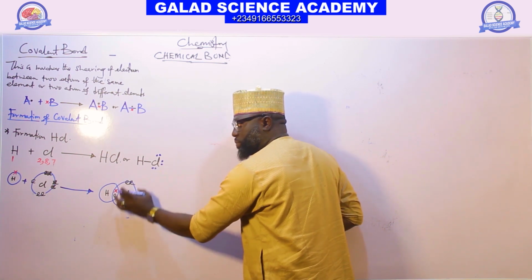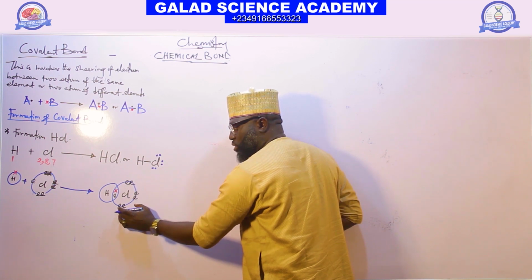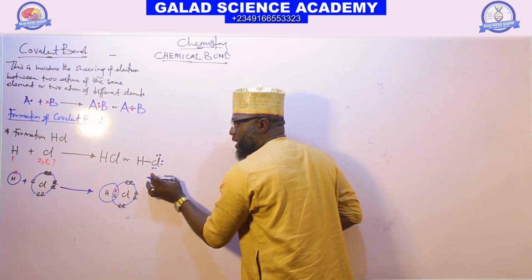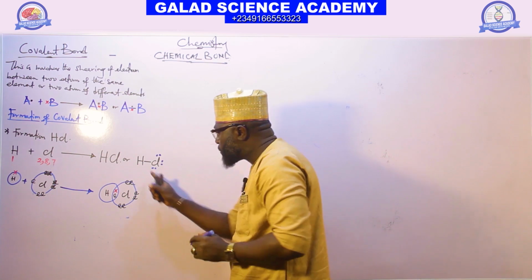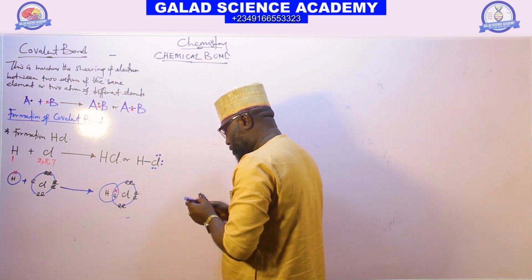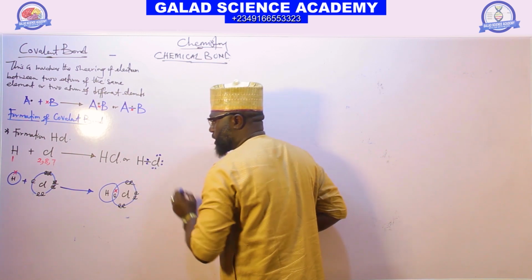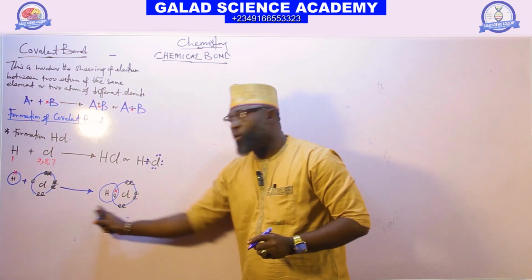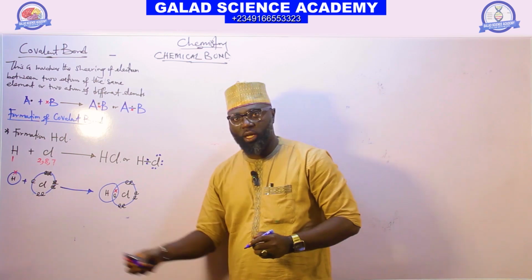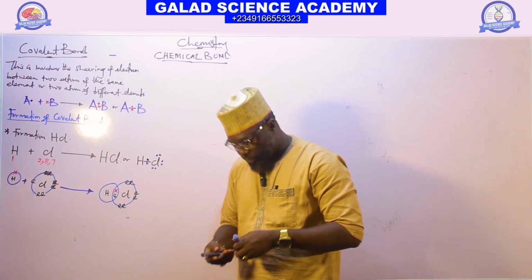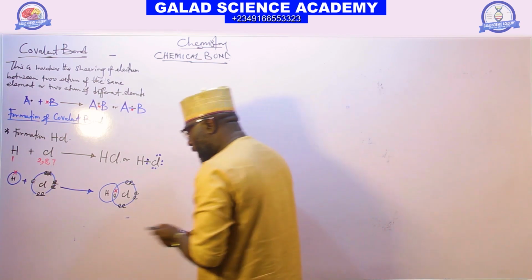We have 6 electrons or 3 pairs of electron here. This is the Lewis structure of it. So this bond contains how many electrons? Don't forget, 1 is X, 1 is E. This is how hydrogen and chlorine overlap in HCl.